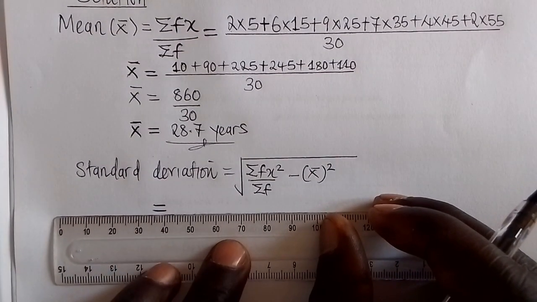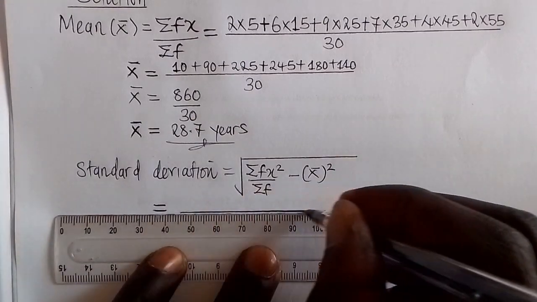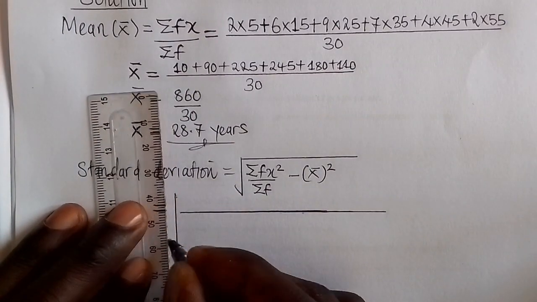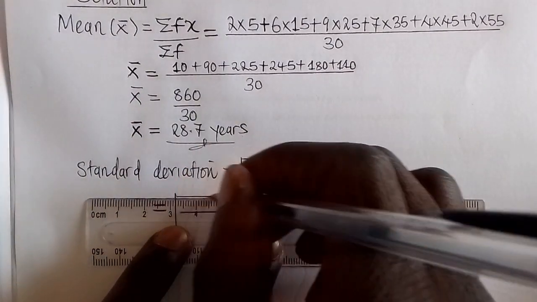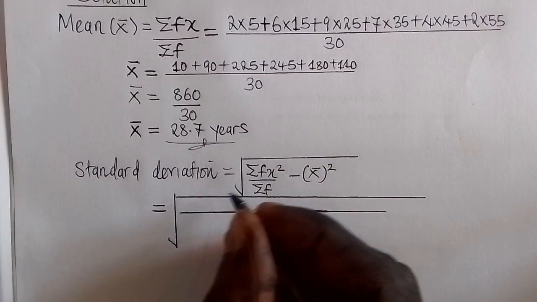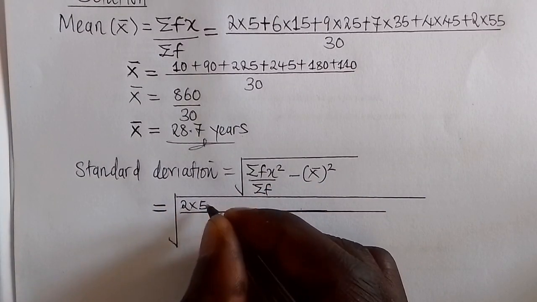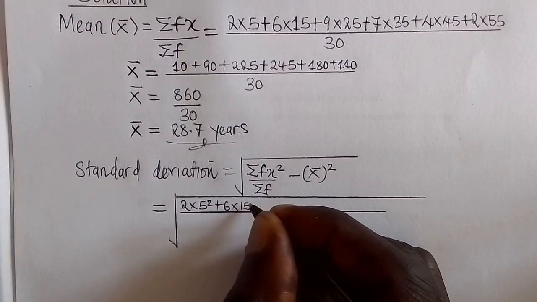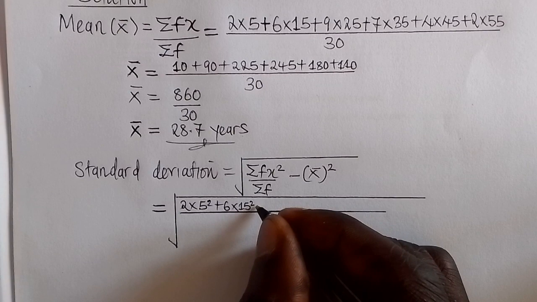Let me just draw a line for this first of all. So this is square root of summation of fx square. So this is the same as 2 times 5 square plus 6 times 15 square. So we're squaring all the midpoints.